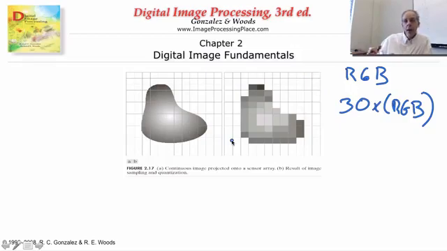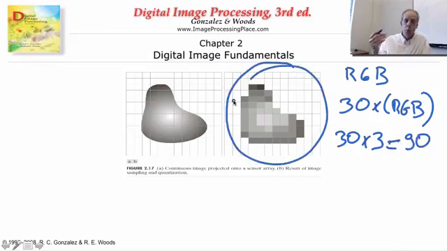So basically, if you want to have 1 second of video in your computer, you have 30 times 3 images. 30 images in 1 second, and 3 because you have 3 colors. So in 1 second, you're going to have 90 images of this type to represent 1 second of video.